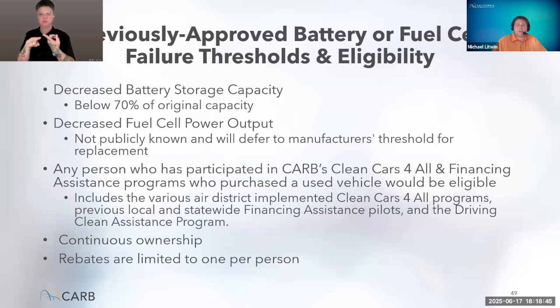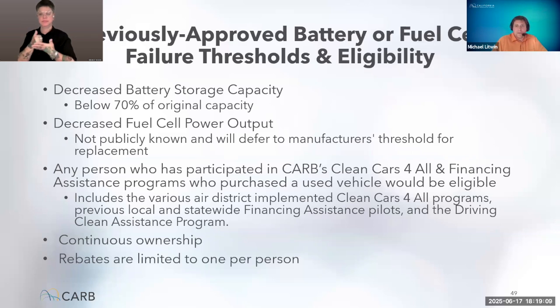Most vehicle manufacturer warranties in the past and currently only replace battery packs or modules after the capacity falls below 70% of a battery's original capacity. ZAP will use the 70% state of health as a trigger for battery replacement.